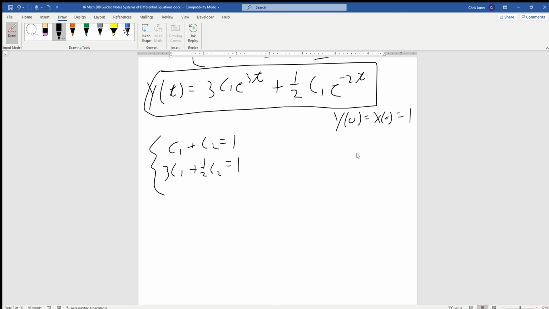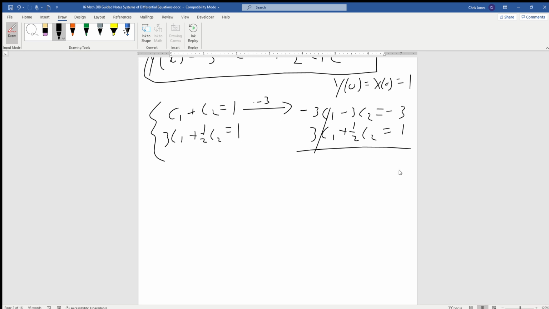We can multiply the first equation by -3 to eliminate. So we would have -3c1 minus 3c2 equals -3, and then 3c1 plus 1/2 c2 is equal to 1. And then we can just add the equations together.